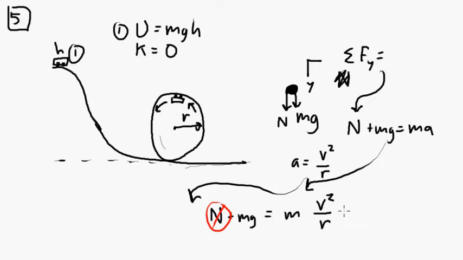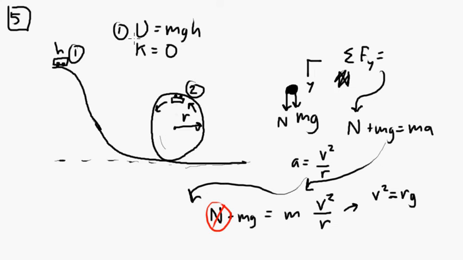In that case, what we get is v squared equals rg. And what this represents is the slowest possible speed it can be going at the top if it's not going to fall off the tracks. Anything less than that, and it's going too slow, and it comes up the loop, it goes woo, and then falls like that. Okay. And everybody screams and dies.